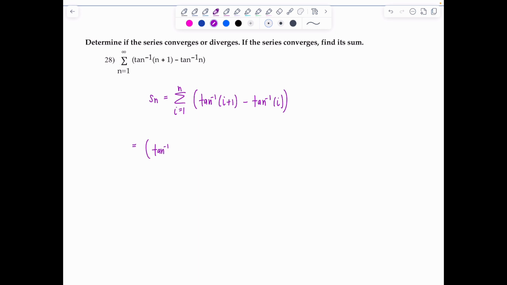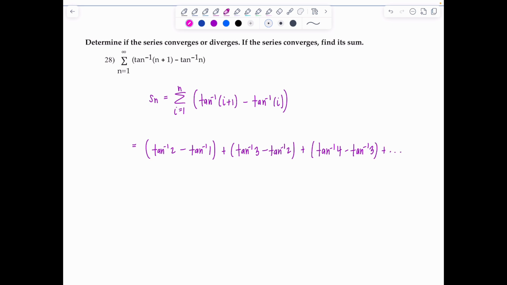You'd have tan inverse of 2 minus tan inverse of 1, plus, next, if I plug in i equals 2, tan inverse of 3 minus tan inverse of 2. Do we need more? Let's do one more. Tan inverse of 4 minus tan inverse of 3 plus blah, blah, blah.